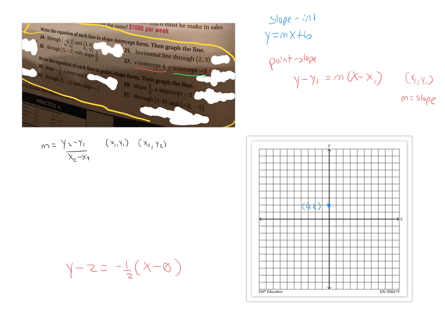Okay, looking at problem number 29, which is kind of hard to see, but that's right here. According to problem number 29, they give us the slope, which is nice of them. The slope apparently is 3 over 4. And they also give us the x-intercept, which is at -2.